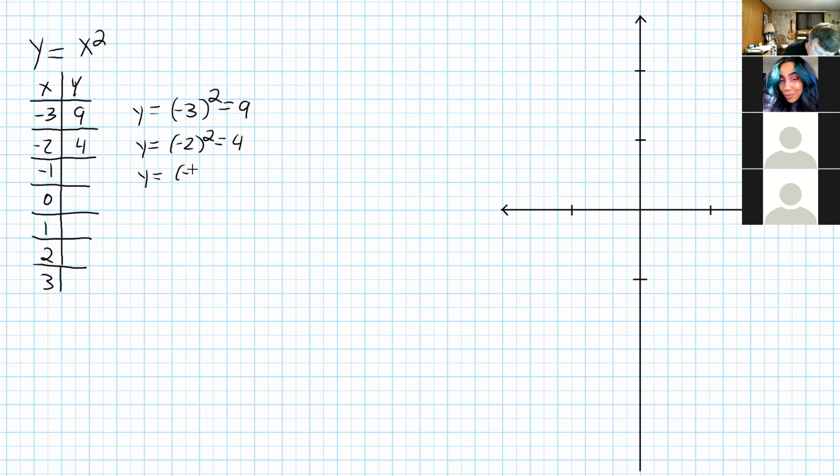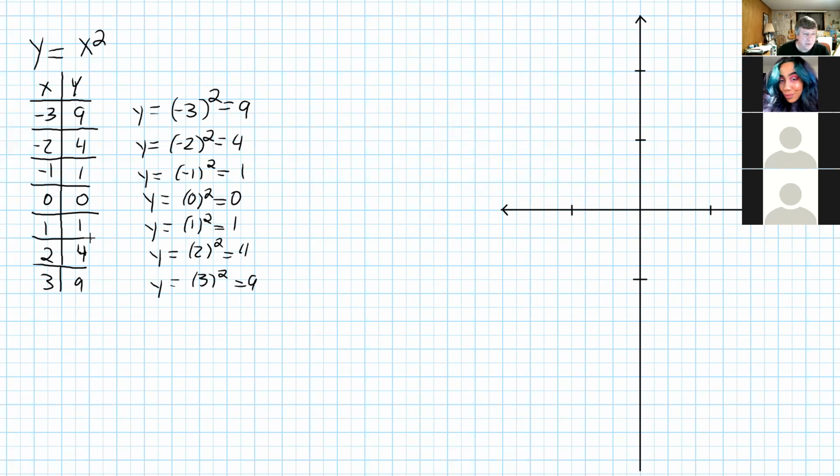If x is -1, the quantity squared, we'd have +1. If x equals 0, we'd have 0. If x equals 1, we'd have y equals 1 squared, which is 1. If x is 2, y equals 2 squared, which is 4. If x is 3, y equals 3 squared, which is 9.